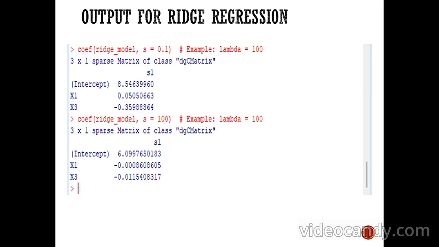But when our lambda is equal to 100, we can see that the coefficients move closer to 0 as compared to when s is equal to 0.1. S here, according to the programming, is actually the lambda representation.